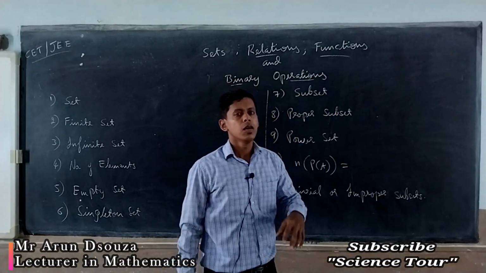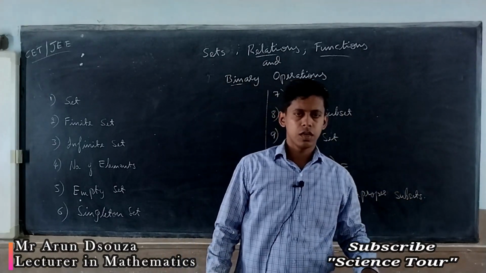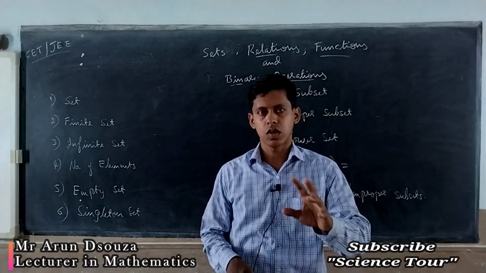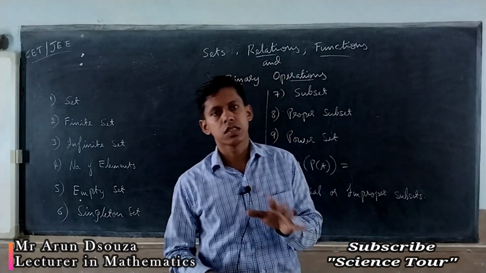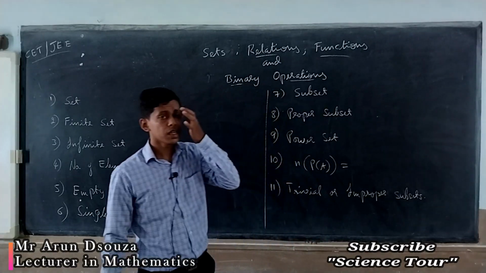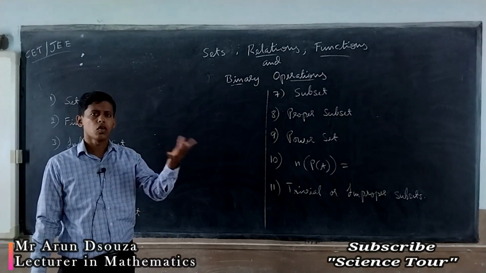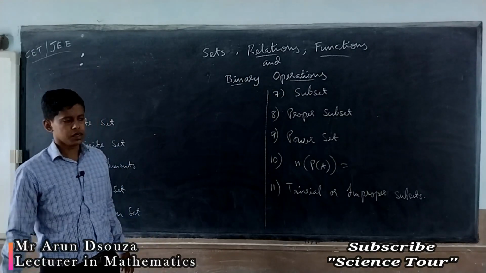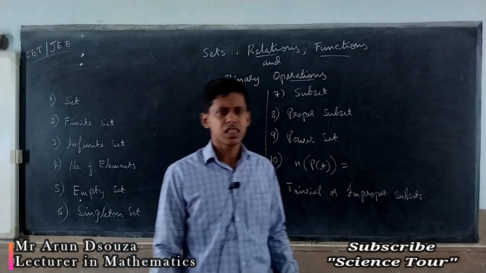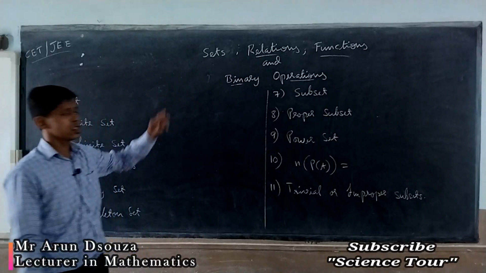Or you have some things in your bag, let us say books, pens, pencils, erasers, sharpeners, and you group them together. Is it a set? You can think about any material things or animate things. Do they fall under the category of sets? That's the question that arises when we listen to the word sets.